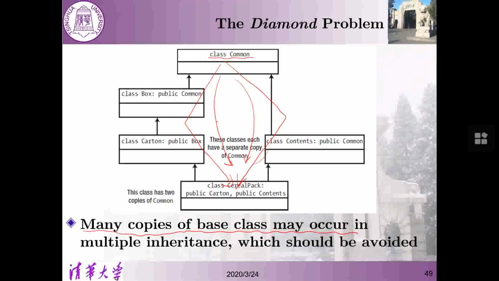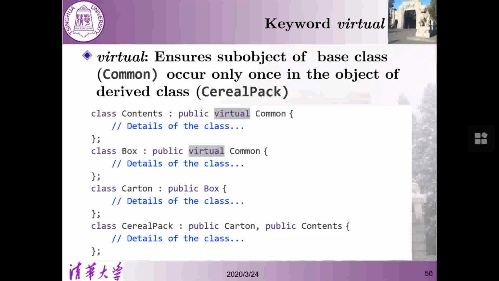If we want to solve this problem, we can use the keyword virtual. If we use the keyword virtual, this ensures that only a single object of the base class will be inherited into the derived class.